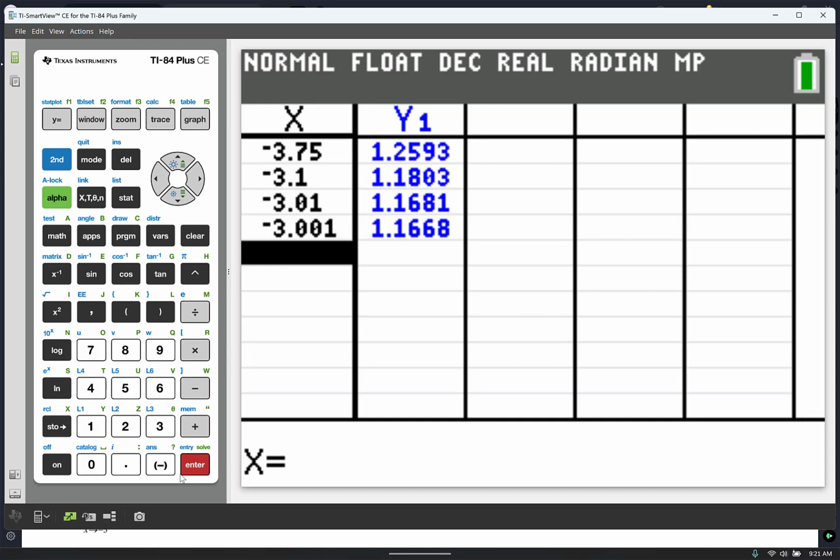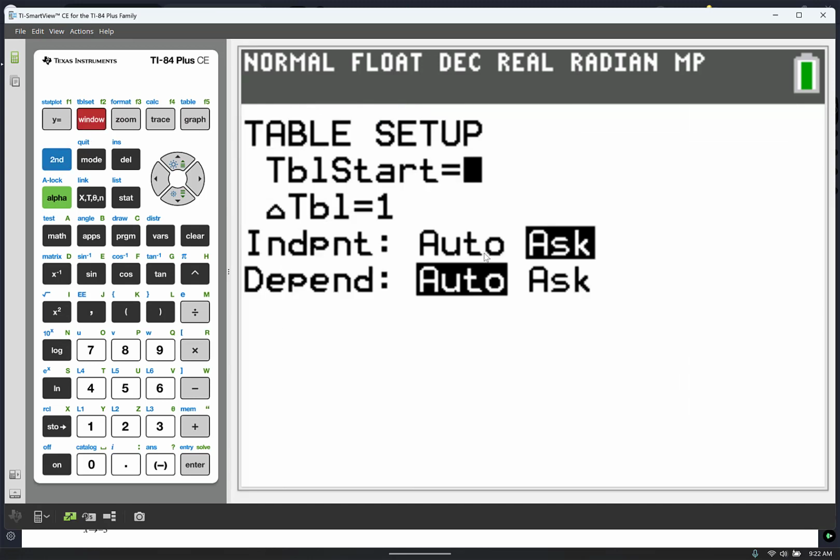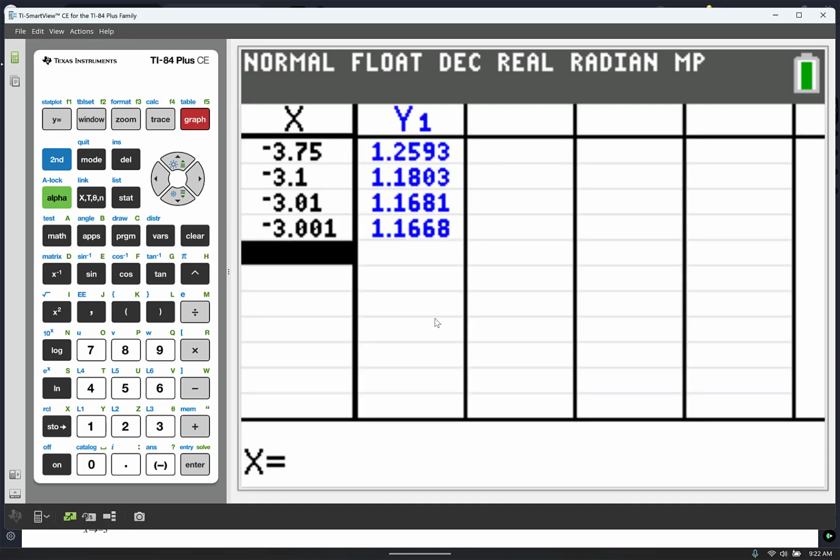Go to second table set, and in case you're having issues, go into independent and put ask, so you can type in whatever numbers. I have the output set to decimal, so it forces my output to be a decimal. And there it is, those are my values.